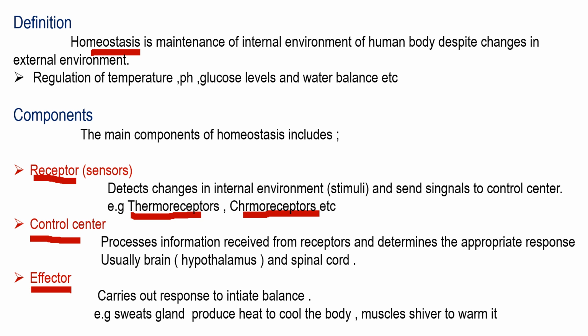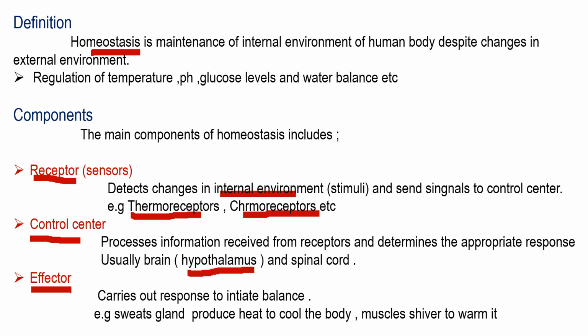So what is the role of these receptors in homeostasis? They detect changes in internal environment, and after detecting these changes they send signals to the next component, and the next component is control center. So in human body the basic control center is our brain, mainly hypothalamus.